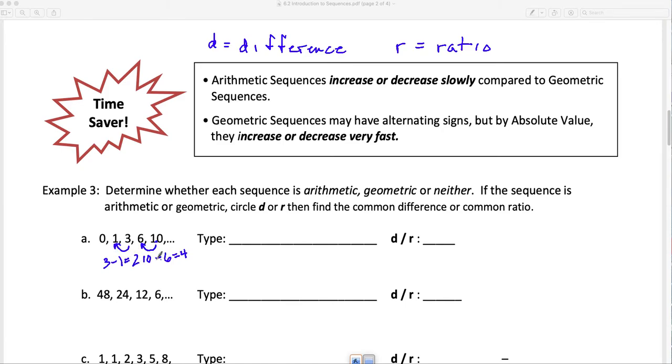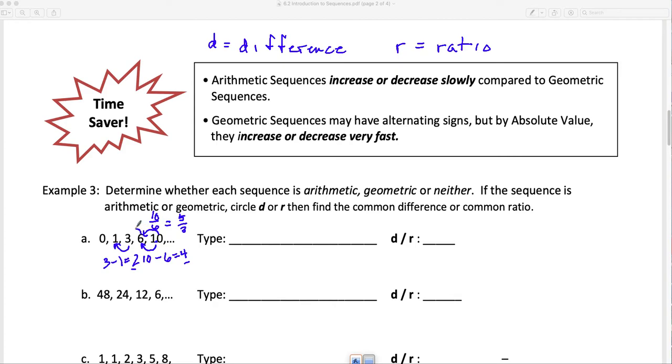All right, this is not arithmetic. So I do need to see if it's geometric, because I've got a 2 here and a 4 here, and I'd have to have the same difference if it was arithmetic. So let's go ahead and do some division. I've got 10 divided by 6, and if I reduce that, I'm going to have 5/3.